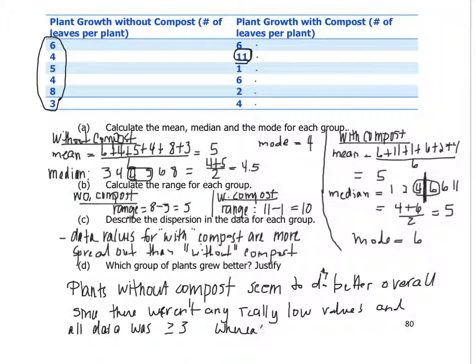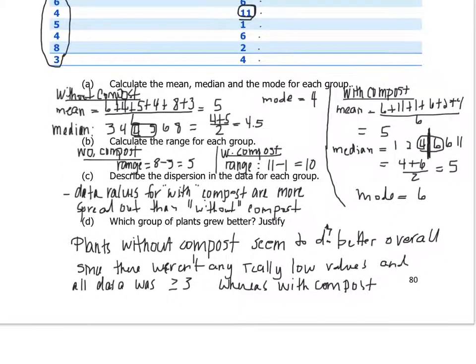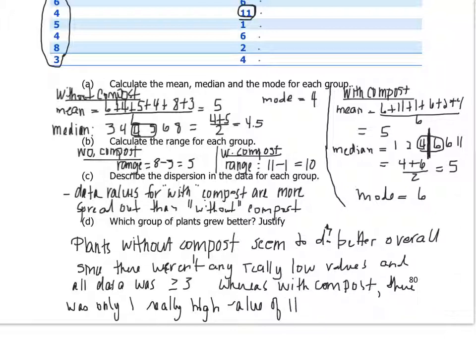Whereas with compost, only one real high value. There's only one really high value of 11. And 2 values less than 3.